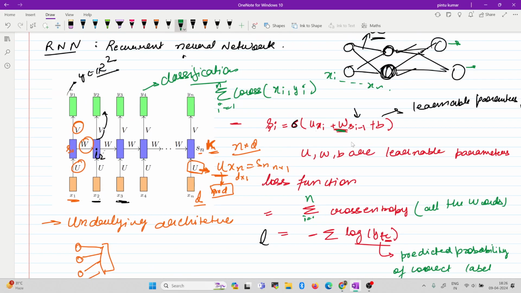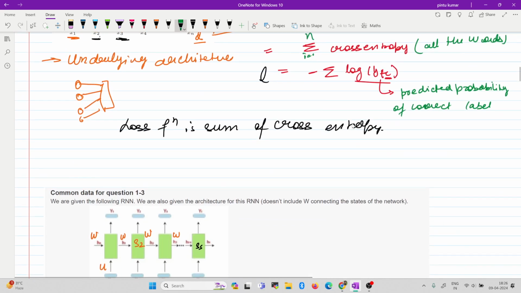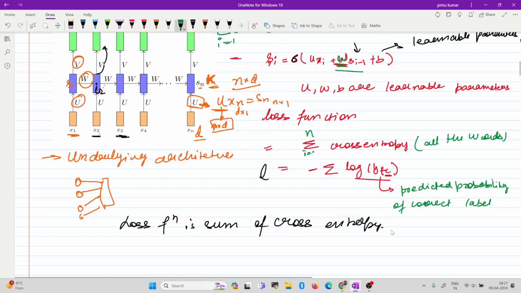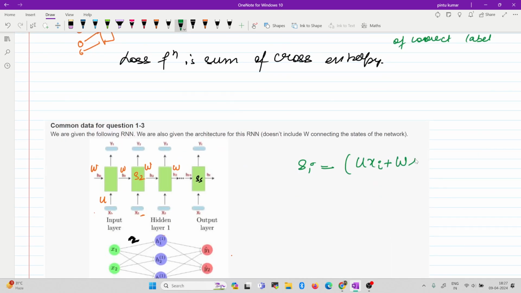Okay, so in this multiplication, what does W get multiplied with? The formulation looks like W times Si minus 1 plus B, right? So W gets multiplied by Si minus 1. Now this Si minus 1 is, let's say, D cross 1.